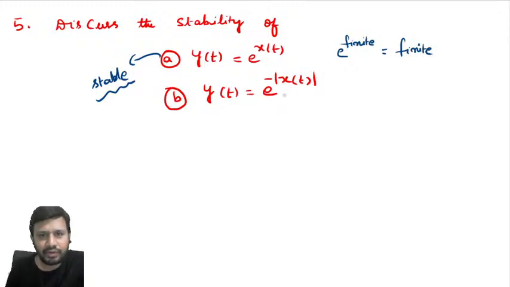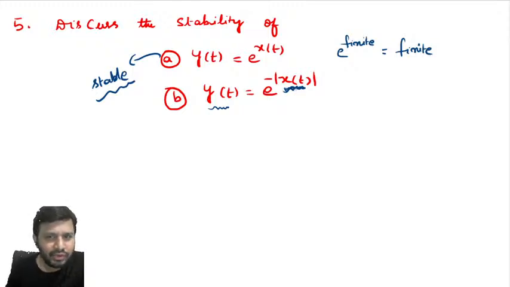Now if you look at the second one, y of t is equal to e power minus mod of x of t, this is a peculiar example. What happens if input is bounded? For this input output relationship, output will be bounded. What happens if input is not bounded? Input not bounded means it can take the value infinite, minus infinite also.